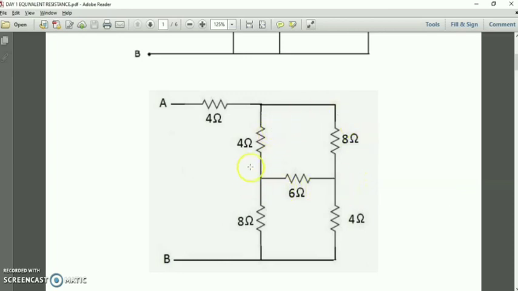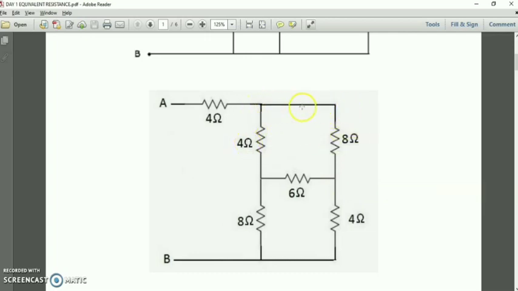So we need to synthesize the circuit accordingly. So look carefully. What can we see? This 6 ohm is there, this 4 ohm is there, this 8 ohm is there. One end of the 4 ohm is connected to the 6 ohm. One end of the 8 ohm is connected to the other end of the 6 ohm. The other ends of this 4 ohm and 8 ohm are actually joined together.